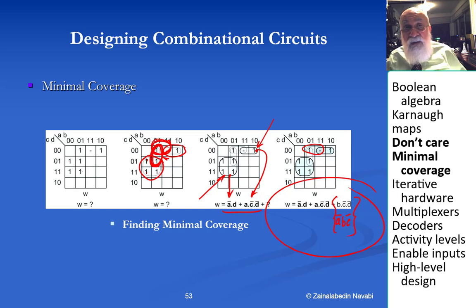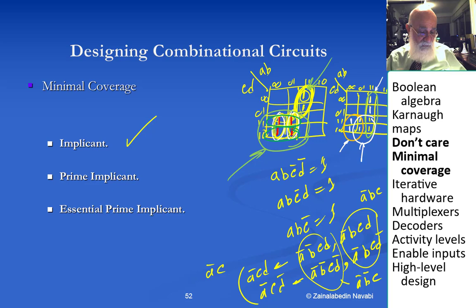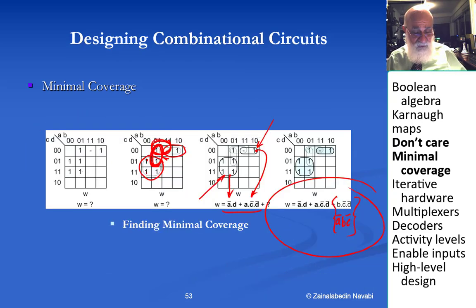Realization is not unique because I had a choice of taking either the prime implicant, this one, or this prime implicant. Okay, that is a good example for implicants, prime implicants, and essential prime implicants.